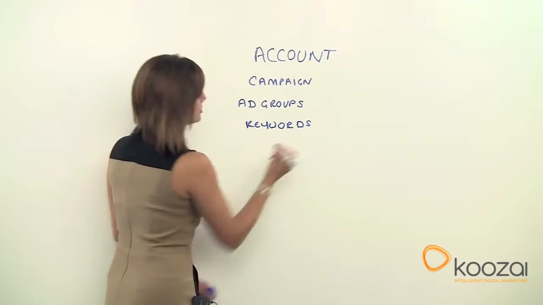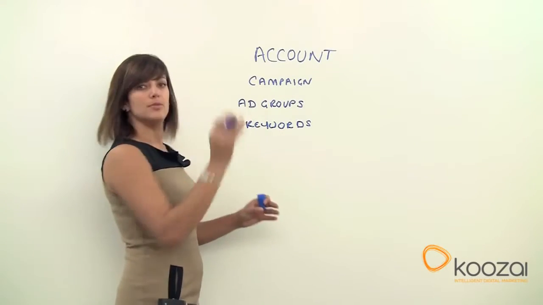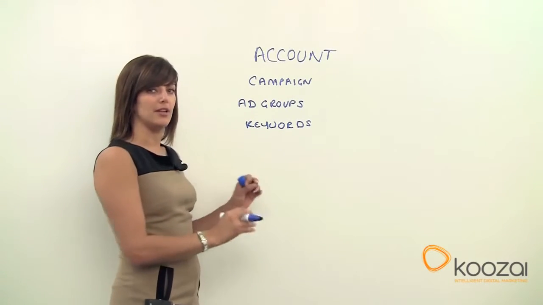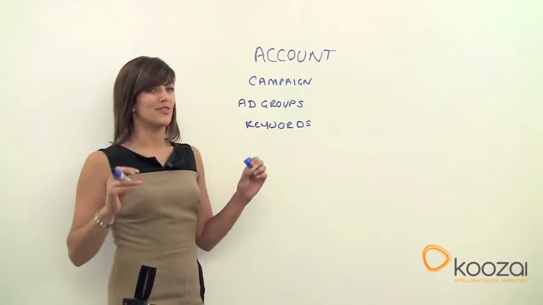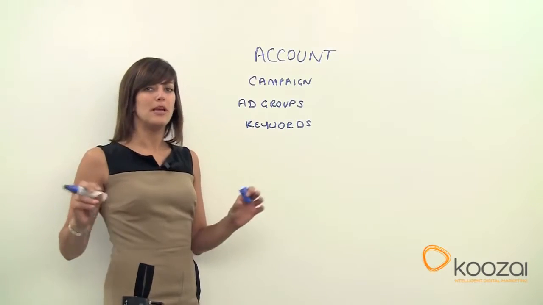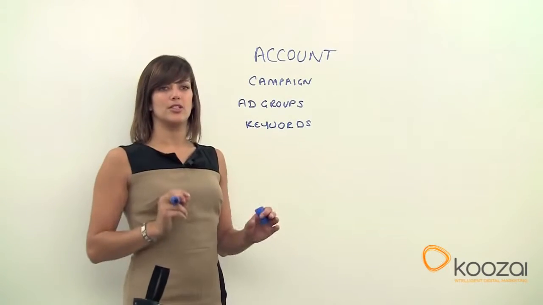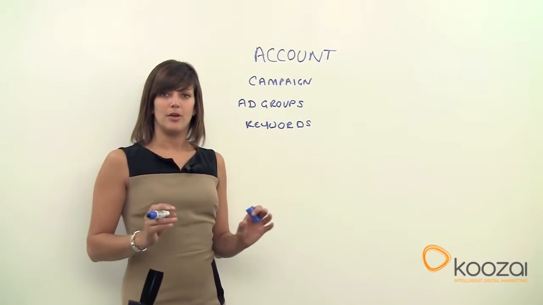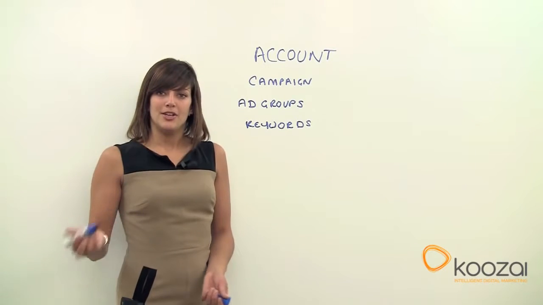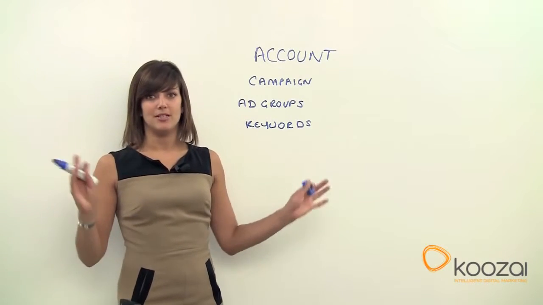Now, the reason that I'm saying to structure a campaign like this is you've got your campaign at the top, ad groups underneath that all contain keywords. You think of an ad group like a house, so you've got all your different keywords as little people that go inside the house. Say if we're taking a chocolate manufacturer who wants to sell chocolate bars online, you might have Twixes, Bounties, Galaxies, Milky Ways, whatever.